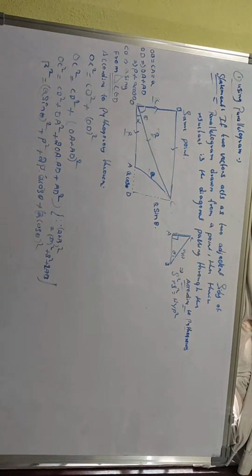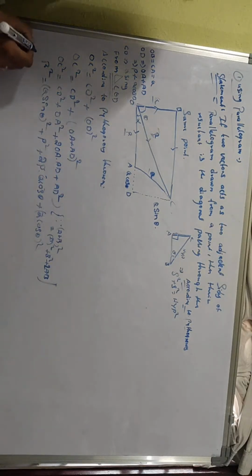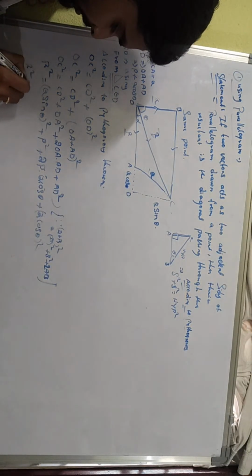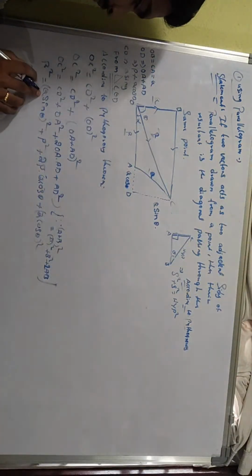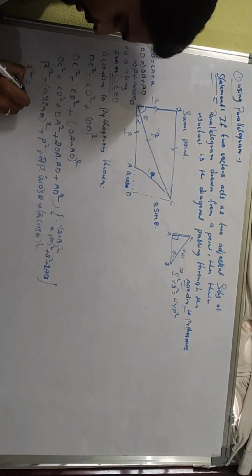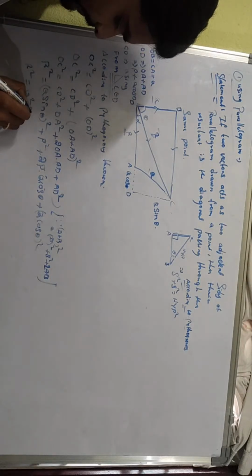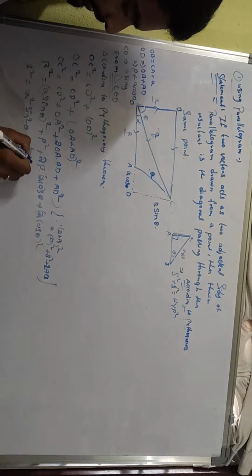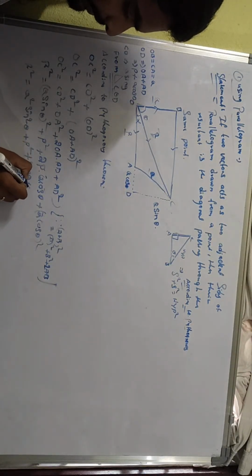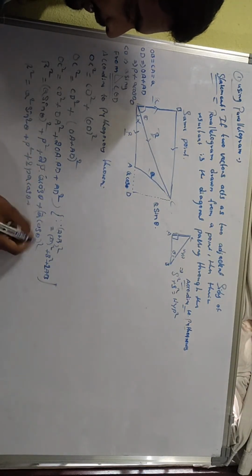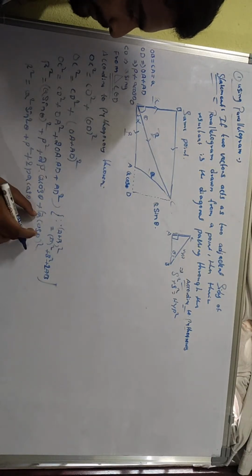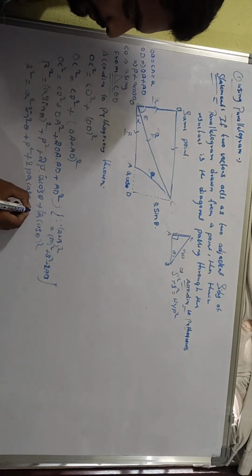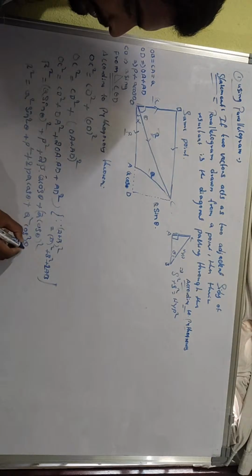At this point, it is very easy to expand this R square. The square applies on both Q and sin theta, so Q square sin square theta plus P square plus 2PQ cos theta. Again the square applies to both values, Q square cos square theta.